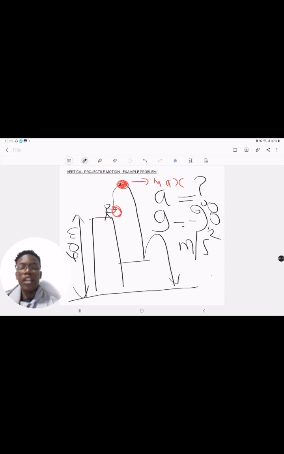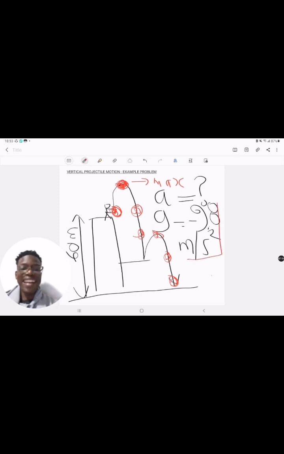So this object, regardless of where it is, you will remember from my first video, its acceleration is always towards the Earth. If you throw it up, it wants to move towards the Earth. It will fall. And by definition, to fall is to move towards the Earth's surface, towards the ground, right? So it is being pulled towards the Earth's surface at an acceleration equal to the gravitational acceleration, which is minus 9.8 meters per second squared.